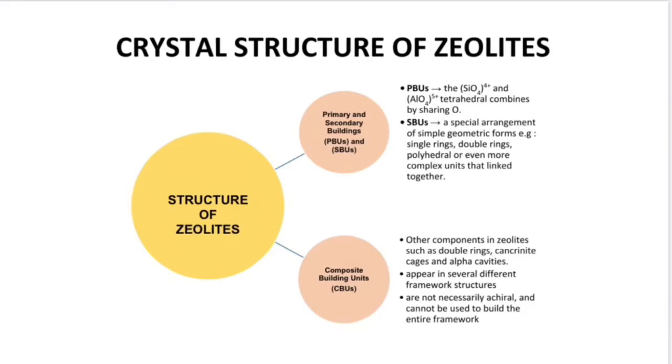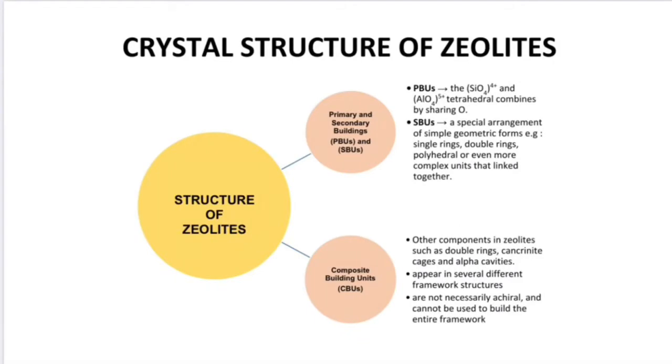As you can see in the slide, the structure of zeolites can be divided into two: primary and secondary building units, and composite building units. For primary building units, the chemical composition of zeolites is usually composed of an elementary structure of nanosilicate framework, which comprises a tetrahedral arrangement that involves two cations, which are silicon cations and aluminium cations.